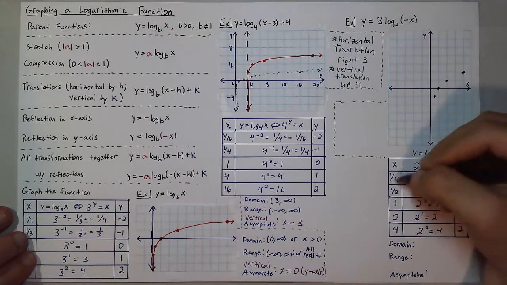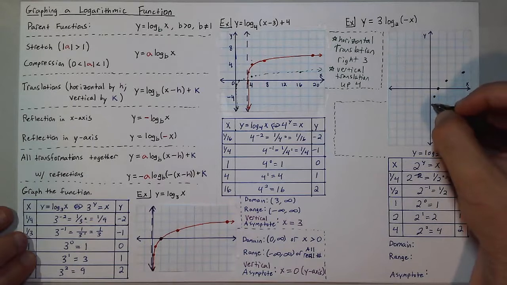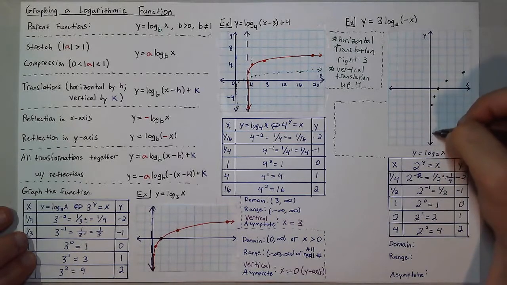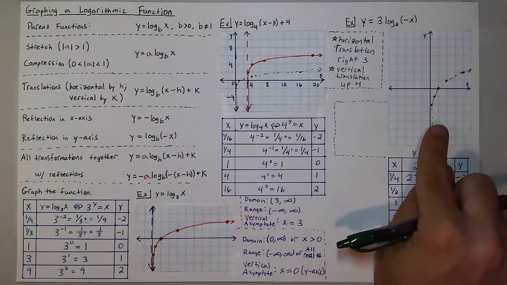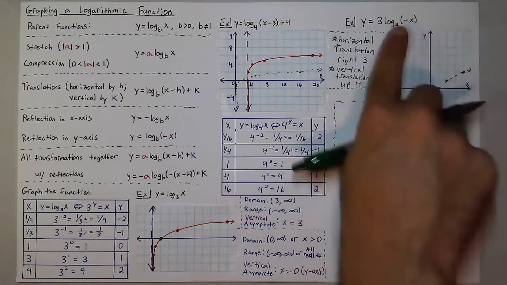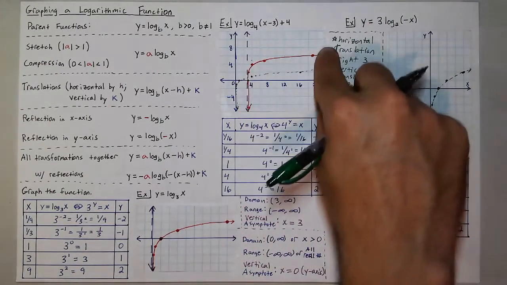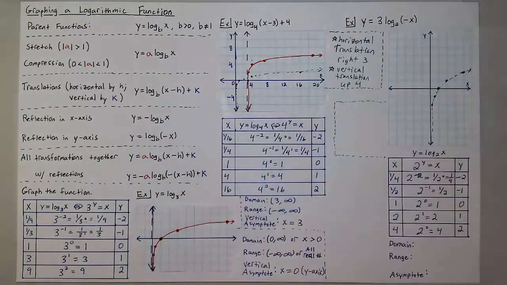And when x is 1/4, y is negative 2. So here's what my logarithm looks like. You'll notice the smaller the base is, the more it looks like it's growing. But when you have a bigger base, it almost looks like it flattens out very quickly. It stops growing quicker.